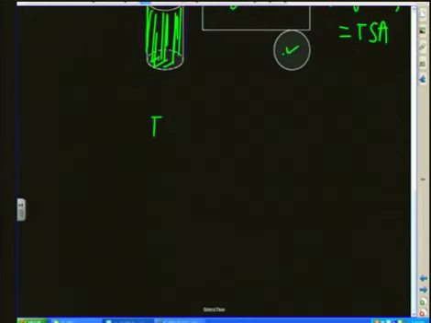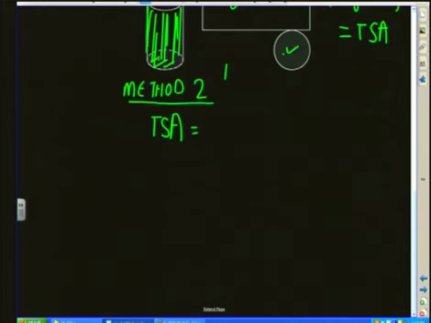So this is using the total surface area formula that I showed you in the beginning. And this is method 2. Now this formula only works for right prisms. If you're wondering what a right prism is, please refer to the notes that we have given you. So this works for a right prism.